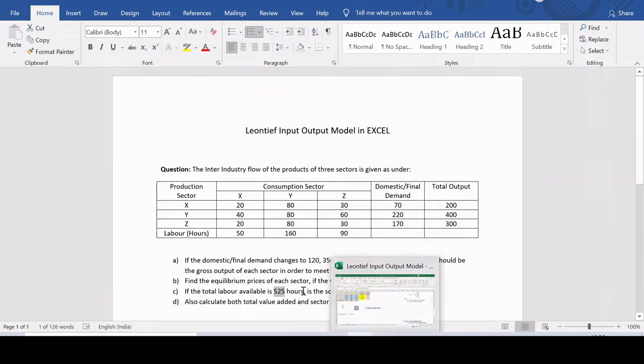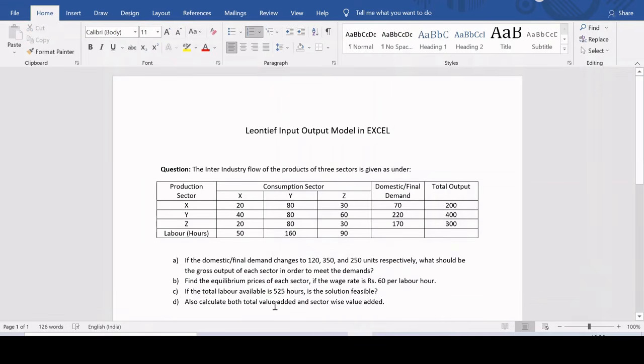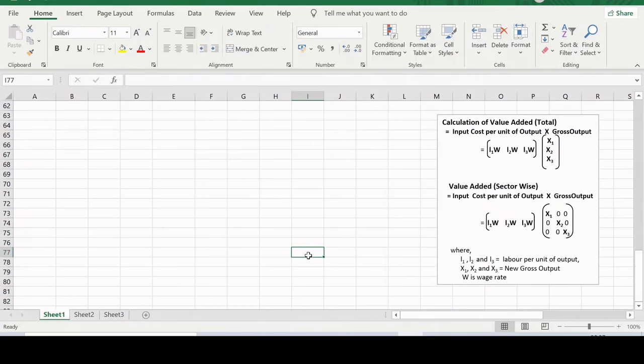Now the last point of this question requires the calculation of the total value added as well as value added sector wise. Calculate both the total value added and the value added sector wise. I have shown the formula here, and the total value added requires the multiplication of the input cost per unit of output, and this is nothing but the labor cost per unit of output here, with the gross output.